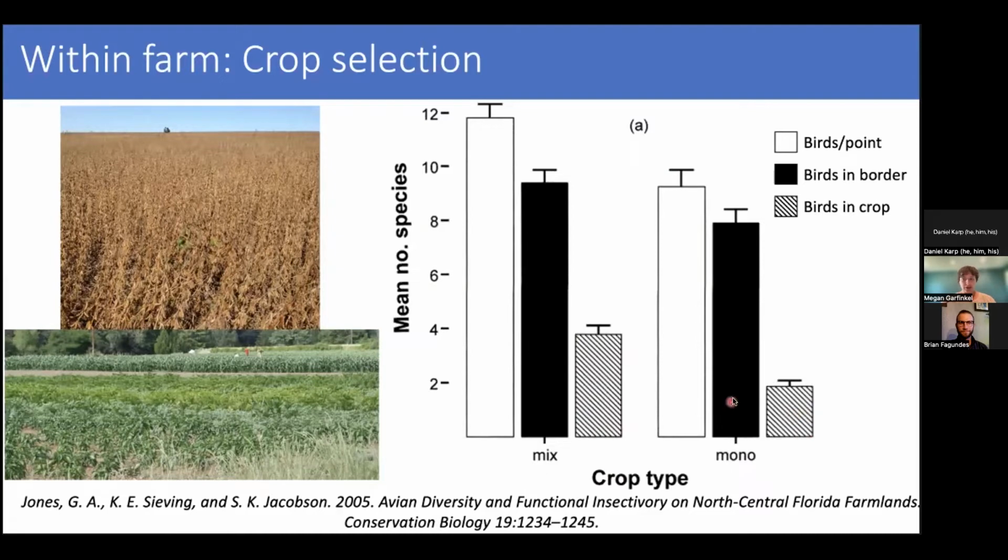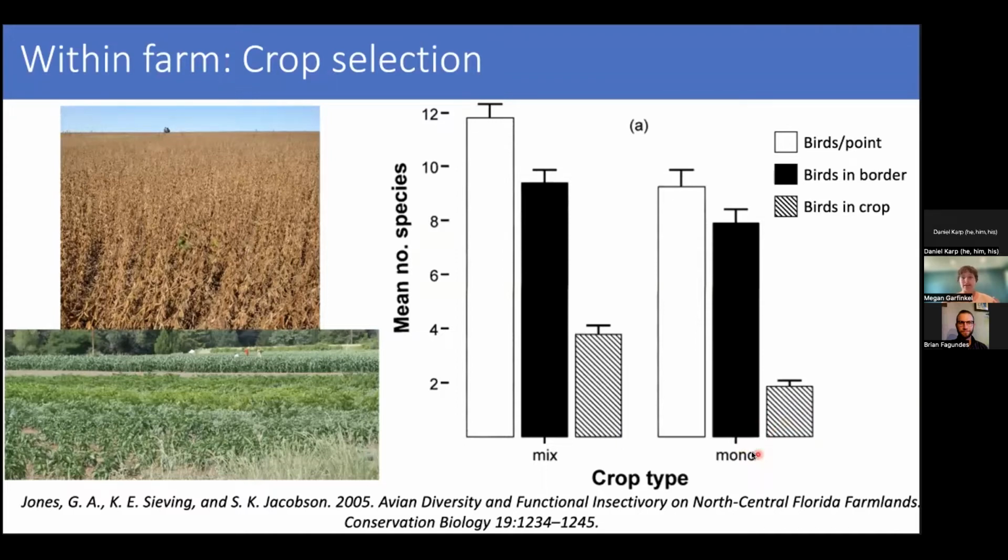So we should note that, of course, more species of birds in the crop field doesn't necessarily equate always to higher pest control, but the two are often correlated with each other. And one of the reasons for that is when you have more species of birds, you've got birds that are foraging in a variety of different ways.